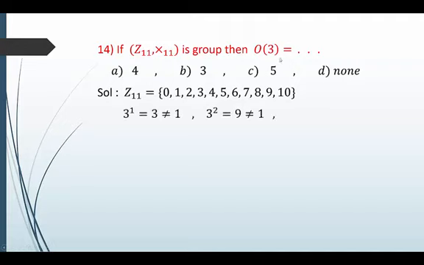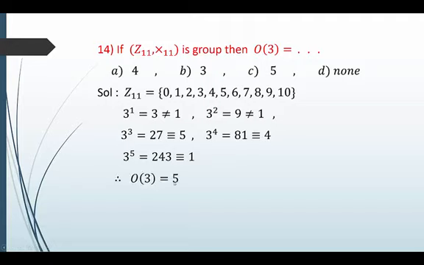Now find out 3 raised to 1, which is 3, not equal to identity because the multiplicative identity is 1. 3 square, 9, is not equal to the multiplicative identity 1. 3 cube, 27, is congruent to 5 modulo 11. 3 raised to 4 is 81, congruent to 4 modulo 11. 3 raised to 5 is 243, congruent to 1 modulo 11, and this is the multiplicative identity, means order of 3 equal to 5. Order of 3 is 5, so answer is C, option 5.